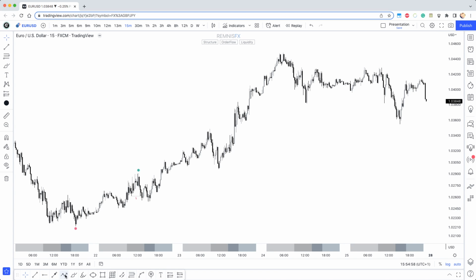So the actual move, as you can see it here, is actually something like that.